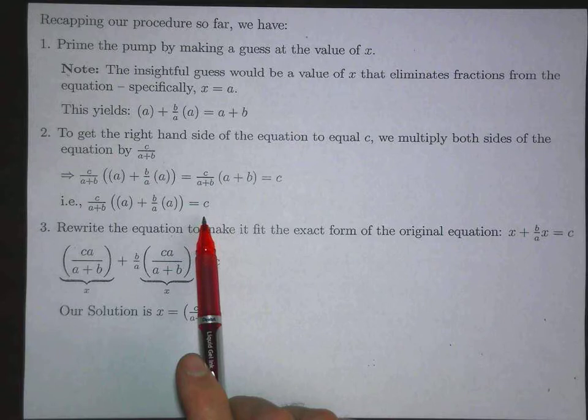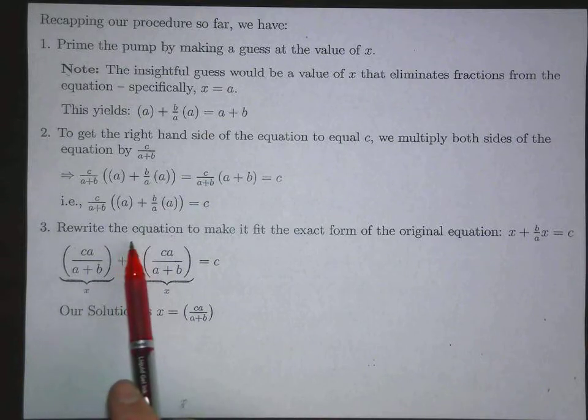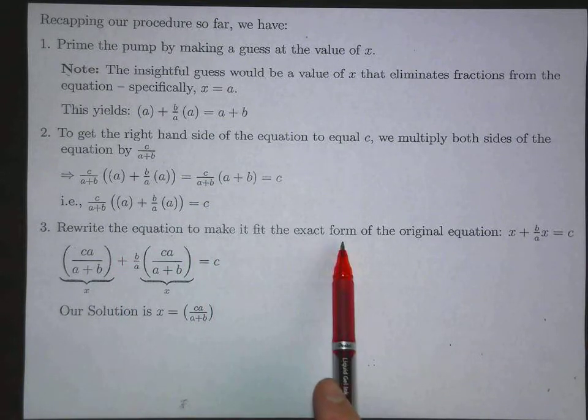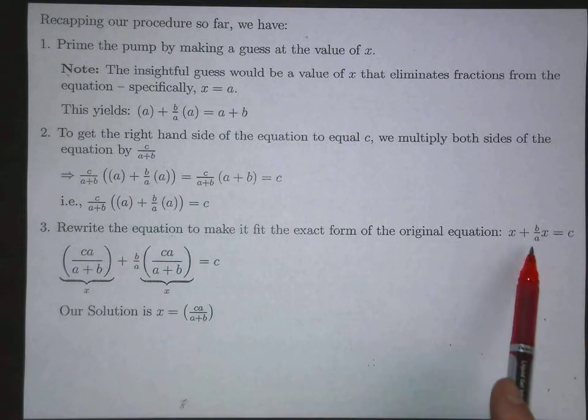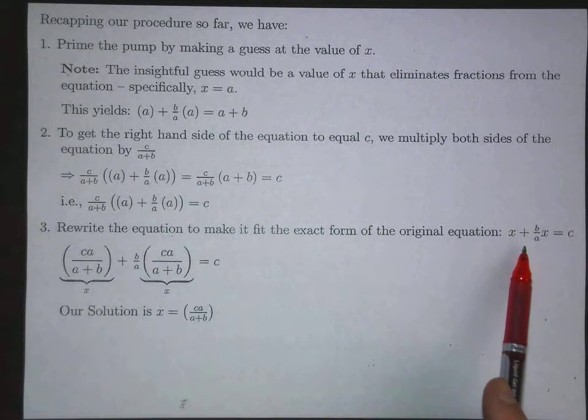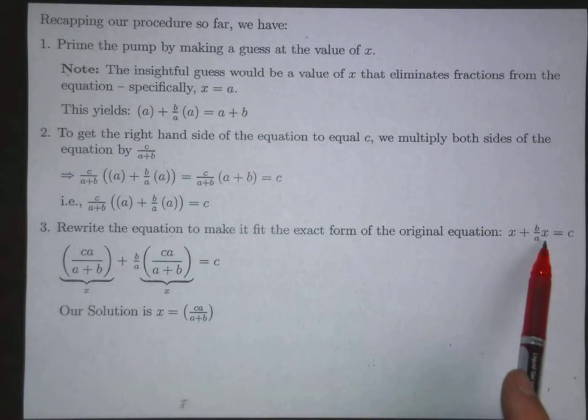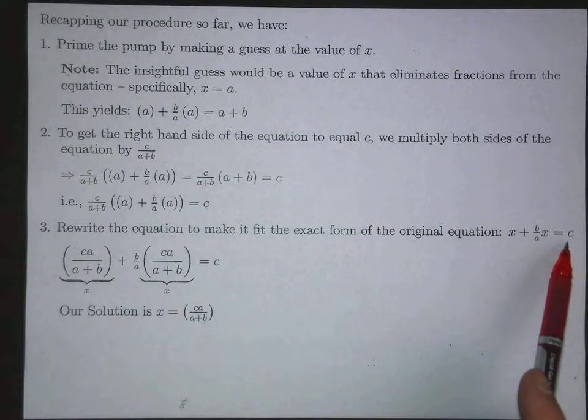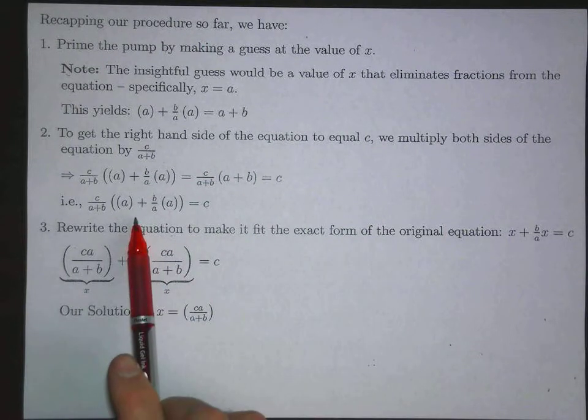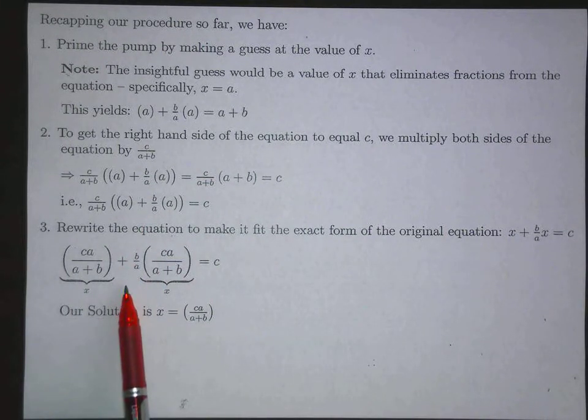The final step, and this is fairly important although it's a simple thing, rewrite the equation to make it fit the exact form of the original equation, which was x plus b over a times x equals c. So we take this equation and make it fit the form of the original equation exactly.